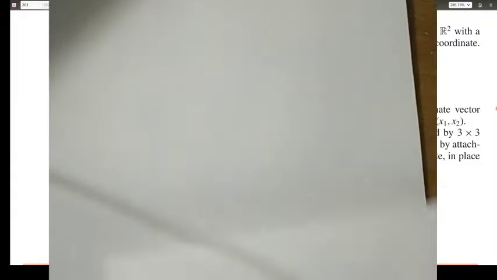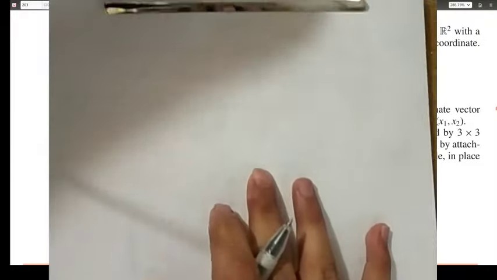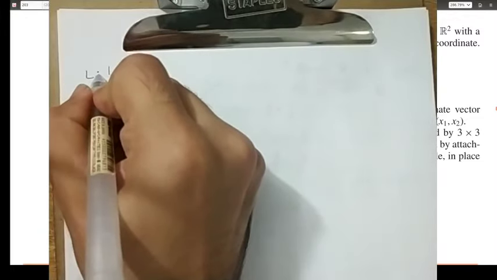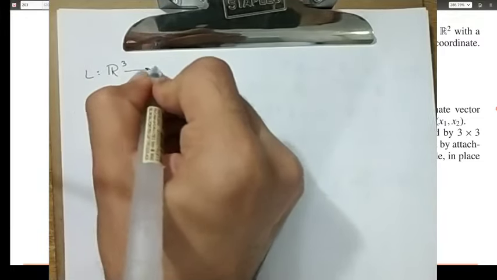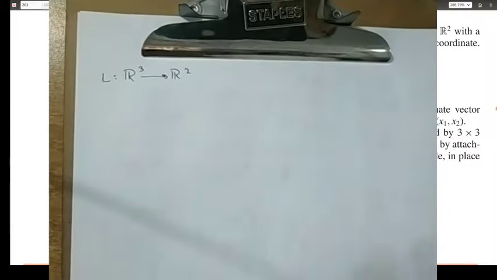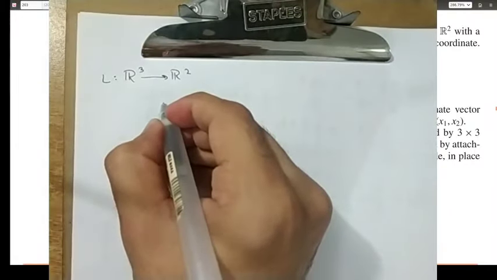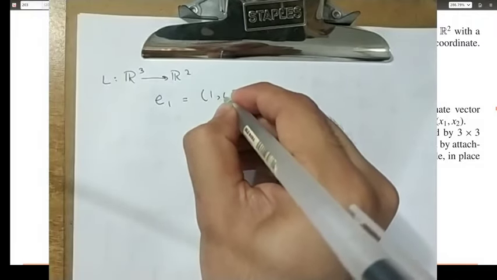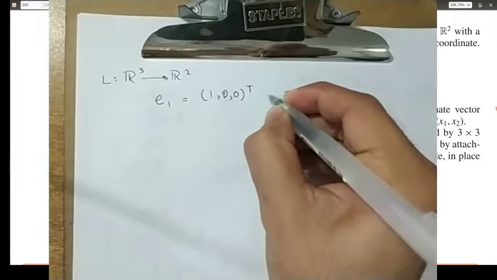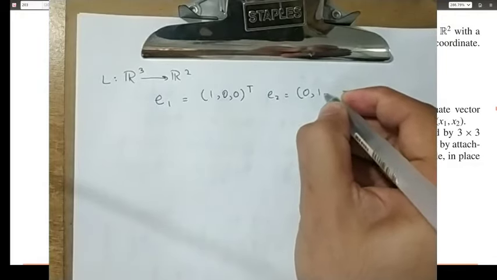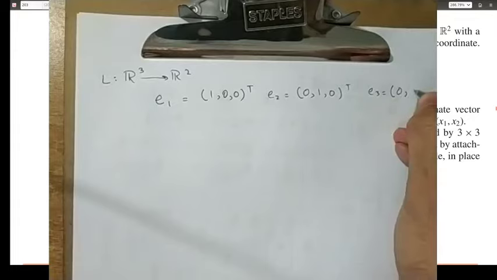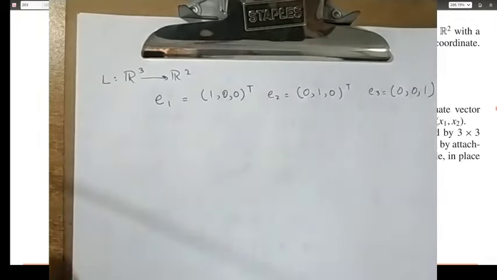My linear transformation is from R3 to R2, and so the three basis vectors that I have are E1 as 1, 0, 0, E2 as 0, 1, 0, and E3 as 0, 0, 1.